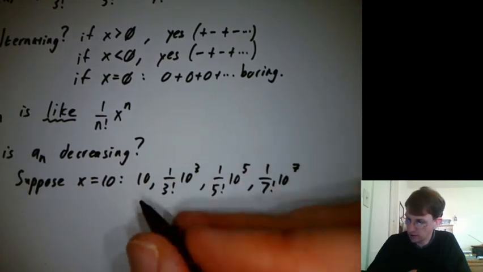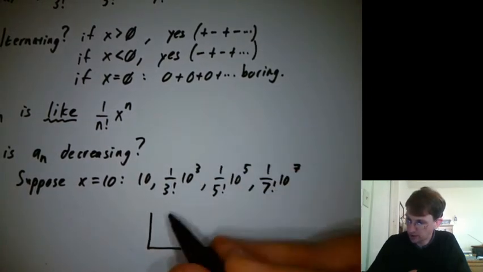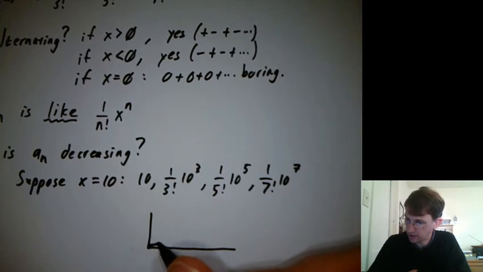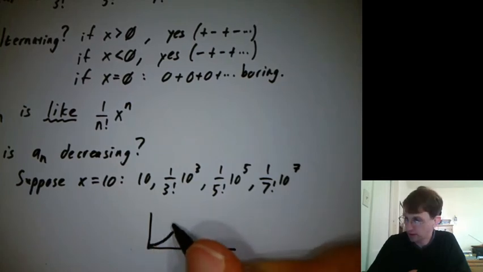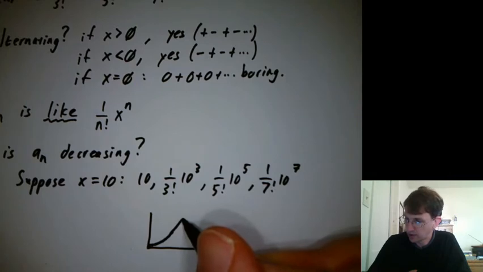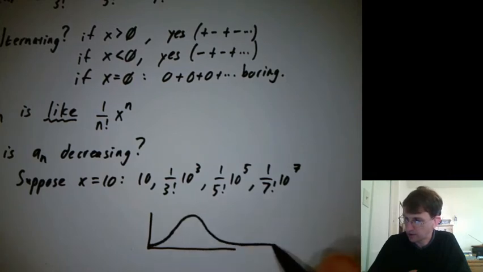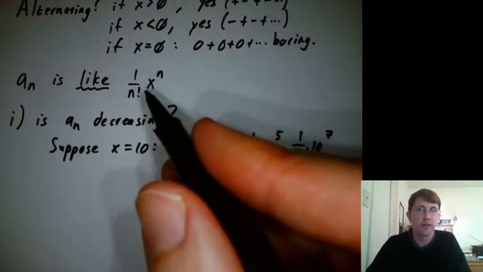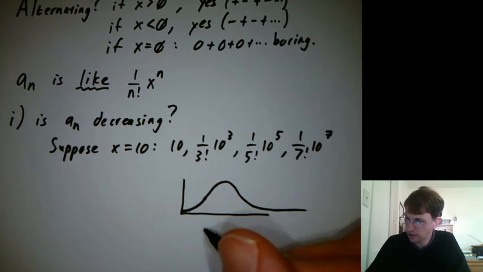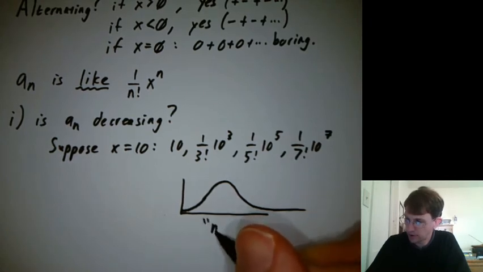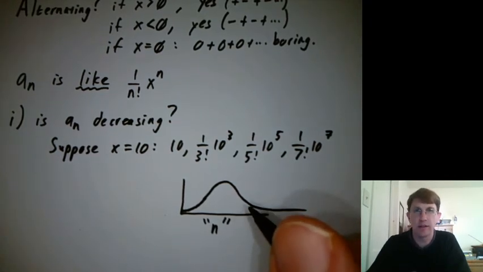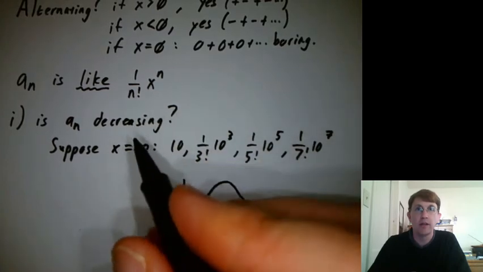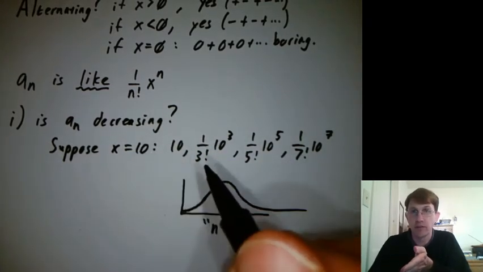We could graph it, and it does start increasing initially, but then eventually it starts decreasing. So this axis isn't the x-axis, it's kind of like the n-axis, but again there's that even and odd issue here. So we'll put the n in quotes, say it's basically the n-axis. So even for x equals 10, this does eventually start decreasing.